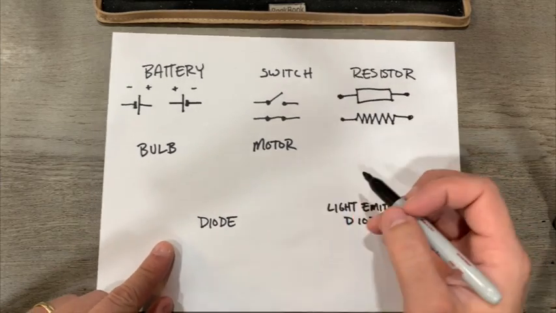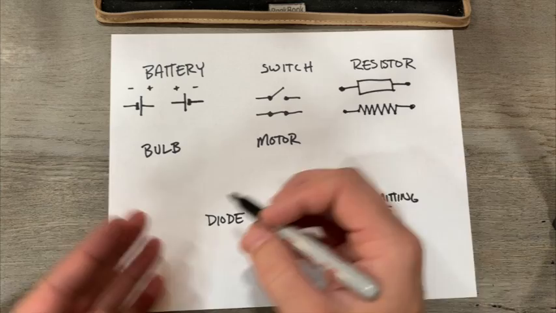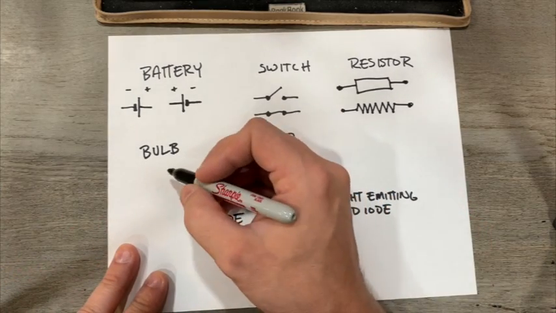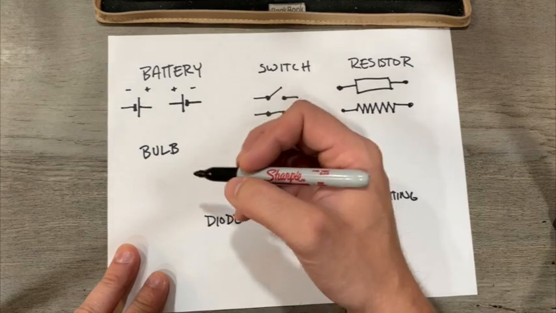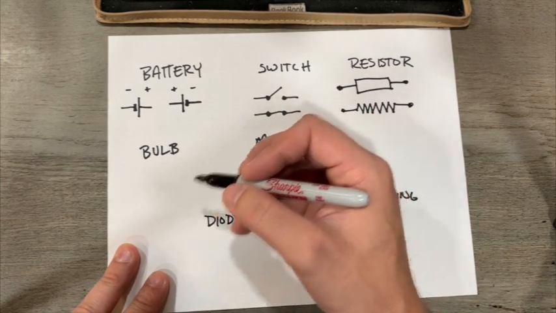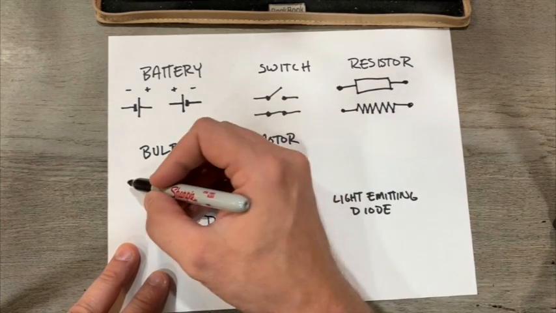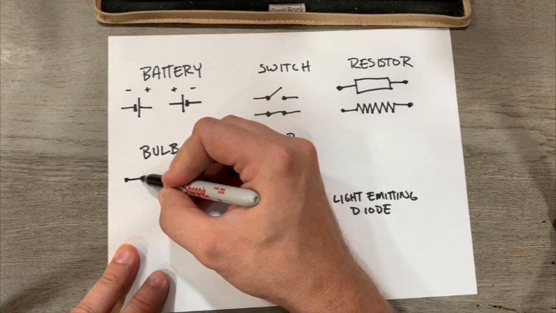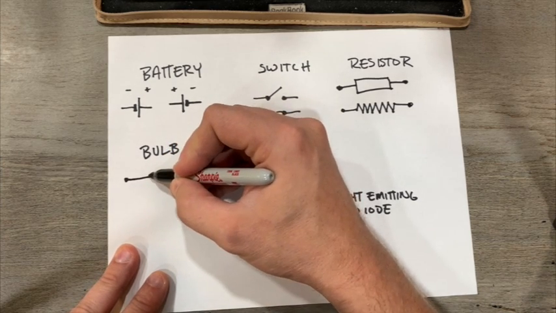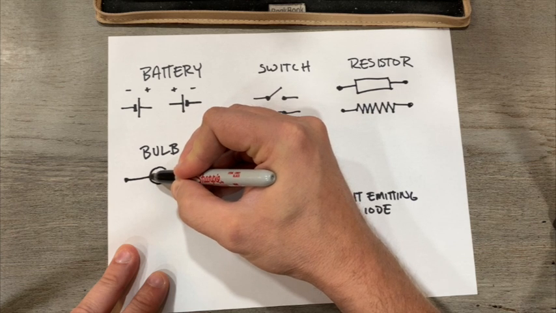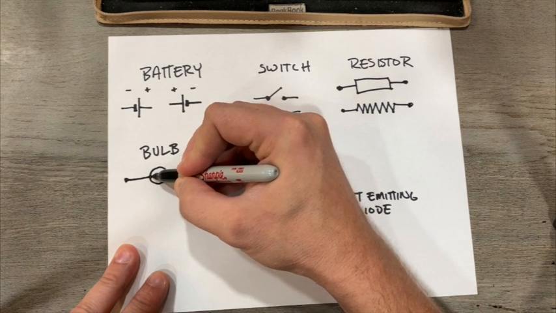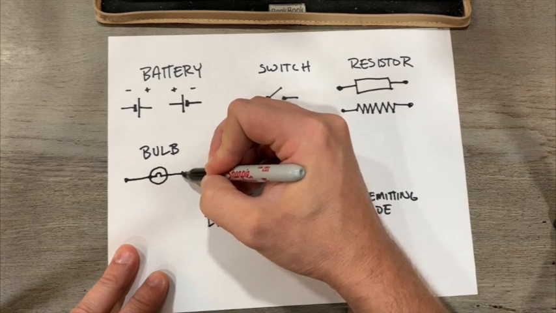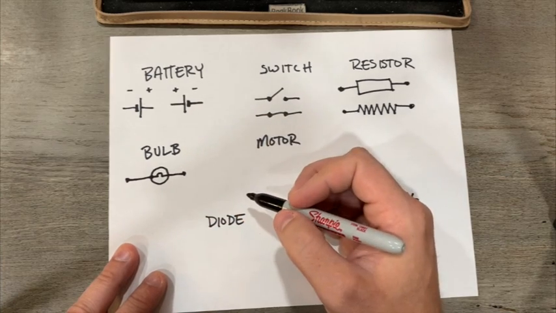Now, when you're drawing a circuit, you're going to have something that will be represented as a load, and the most common one that we'll use is a bulb. I think it's kind of fun to draw, but it's a little bit tricky. You have to practice it a couple of times. So first thing you do is draw your node on the outside, and then your line coming to the bulb, and then you're going to draw a full circle back to where you started, and then right in the middle, you're going to draw just a little loop, half circle on the inside.